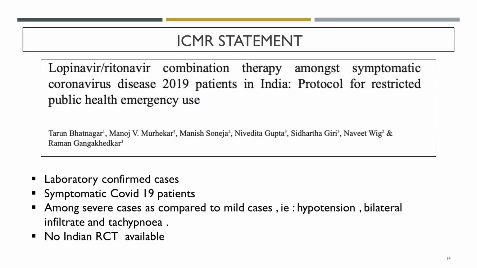Now, recently the ICMR has come with a recommendation, a joint statement from ICMR along with AIIMS. They recommend it be used for laboratory confirmed patients who are symptomatic and severe cases. However, this is not based on any Indian RCT. It is from the RCTs I mentioned earlier, predominantly from the NEJM.